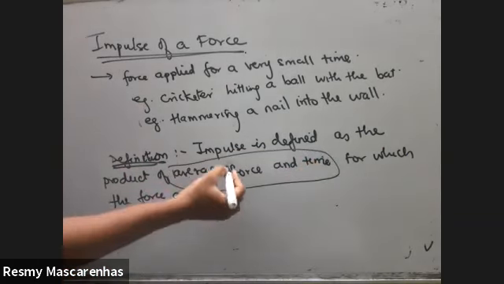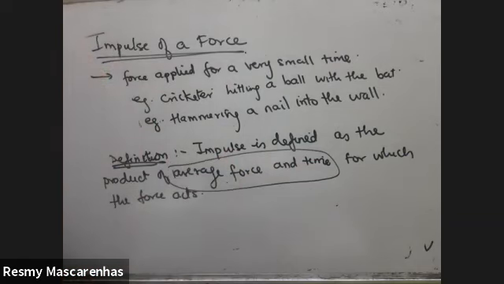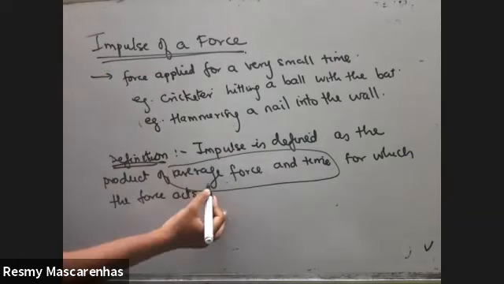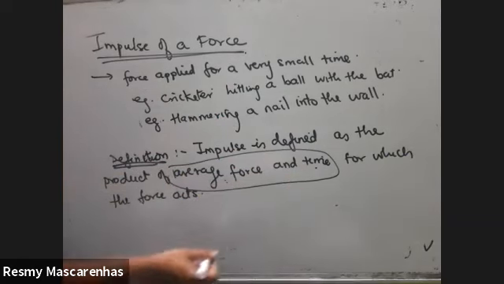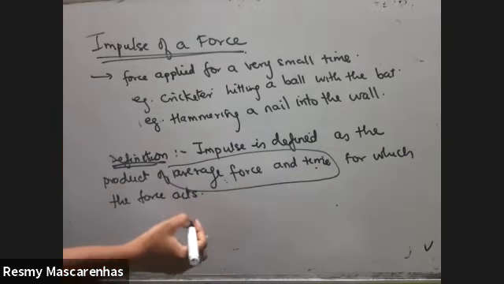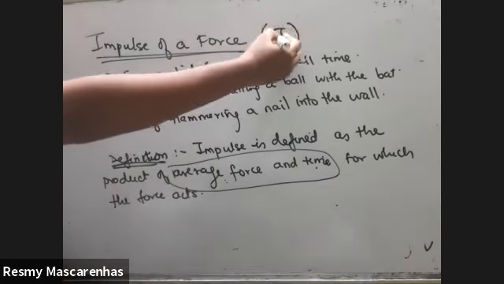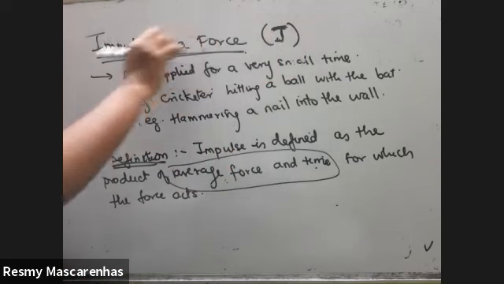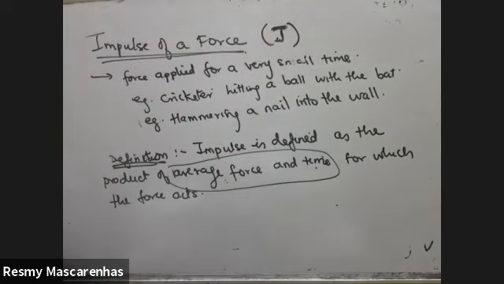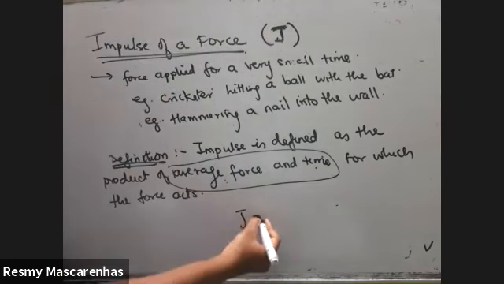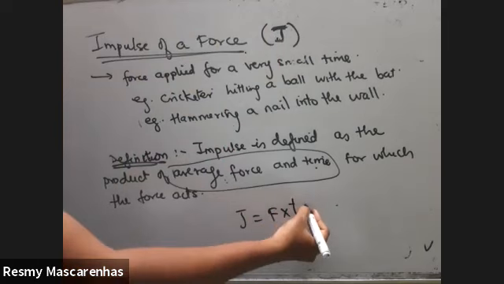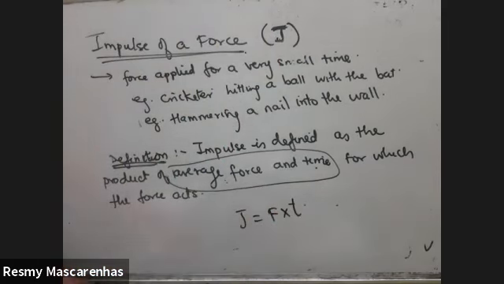So we are calculating how much impact it is making on the nail, suppose. It's the product of how much force and for how much time you are applying it. For the impulse formula, the letter used is J, not I, J for impulse. J is nothing but force times the time for which you apply it, which will be a very short time.